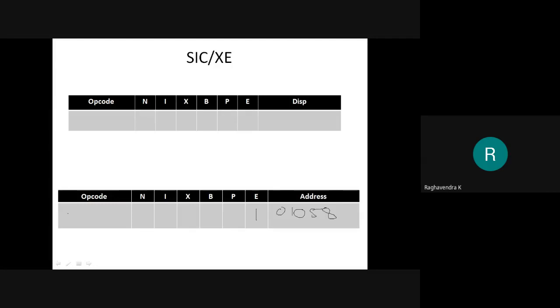Once again, the opcode was the same, so obviously it does not change. So it is 4B, 1011, and of course all of these are 0. Then 101058. So 1 byte, 2 byte, 3 byte.